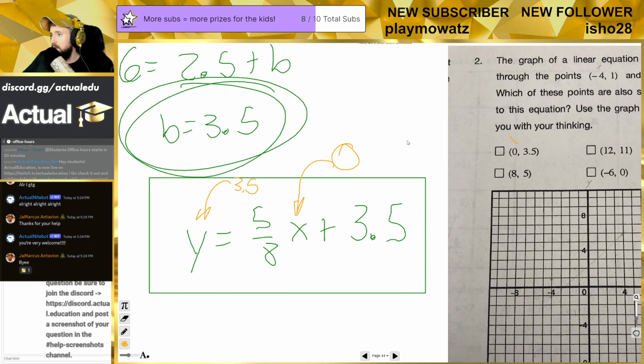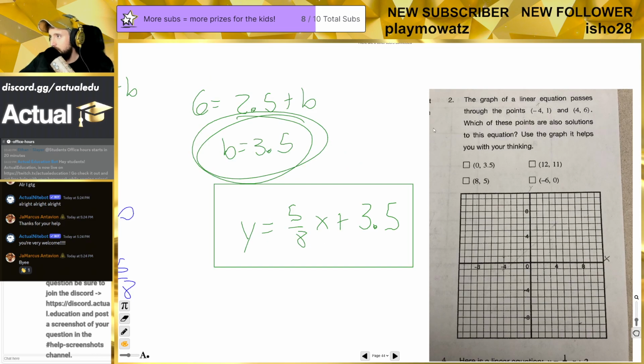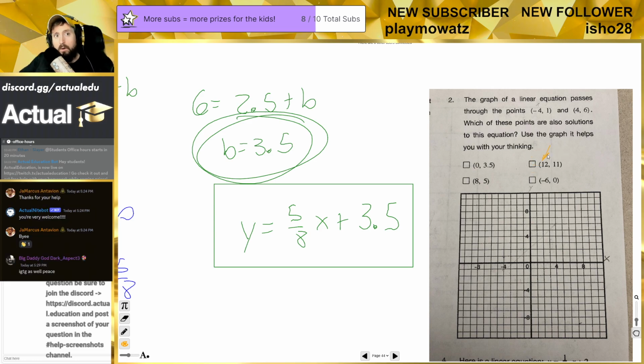So how do we figure out if 12 and 11 are on the line? Well, let's check. Which coordinate is the 12 for? X, good. And which coordinate is the 11 for? Y, good. So I got 11 is equal to 5/8 times 12 plus 3.5.